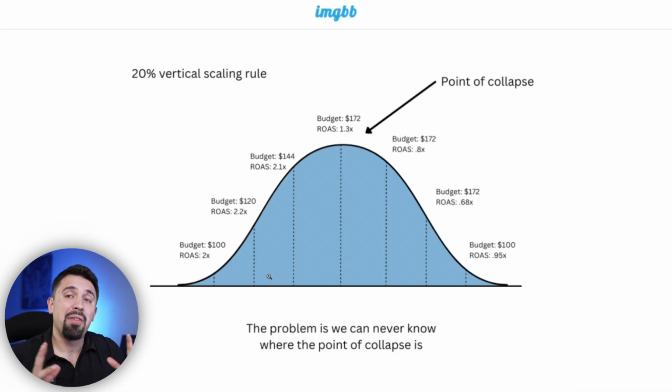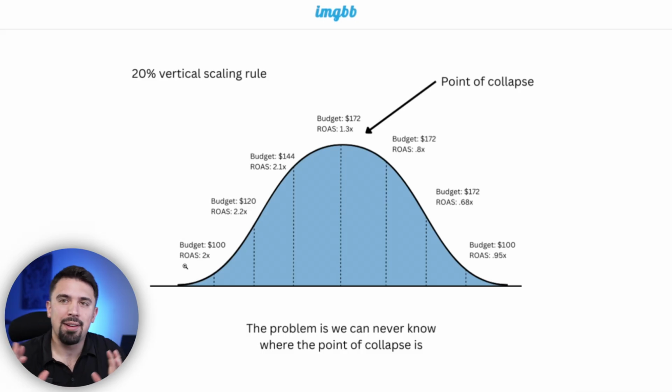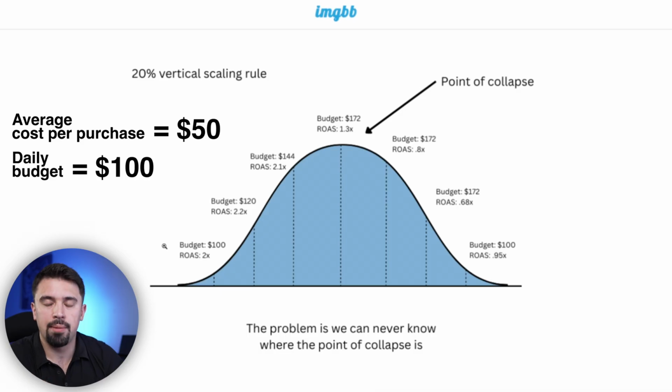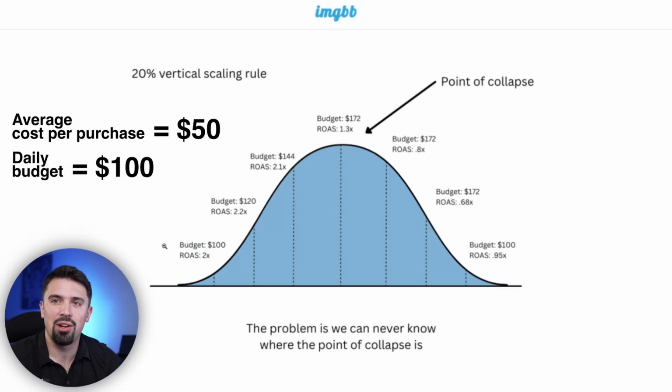So next, now that we know about vertical scaling, the point of collapse, and the downsides, you have to assess the risk and reward of what you're doing, right? Let's say you were at that $100 a day, and let's say you have an average cost per purchase of 50, okay? Well, you're at a 2x ROAS at $100 a day, and your average cost per purchase is 50. So let's say you're getting 2 sales a day.